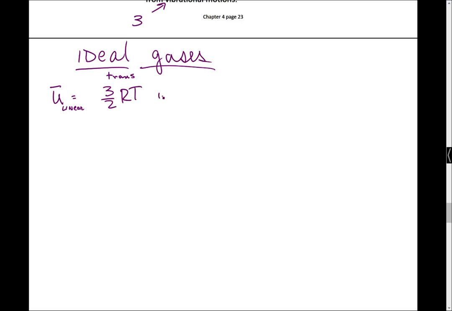Because it is linear, its rotational contribution will be RT. Then I'm going to have the summation from j equals 1 to alpha, just generalizing here, of my contribution from vibrations.